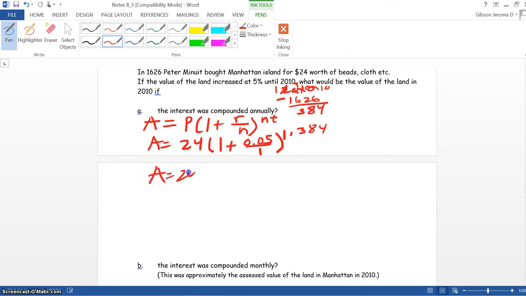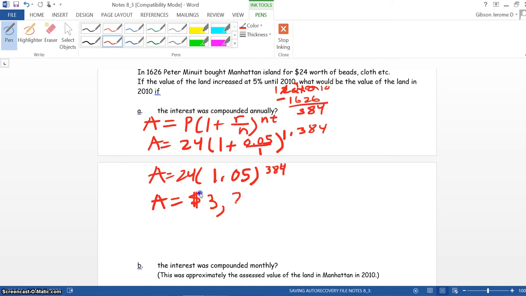So our A is equal to 24 times 0.05 divided by 1 is 0.05. So this will end up being 1.05 to the 384th power. So now we put this in our calculator, and we will have A is equal to 3,287,774,968. That will be the final answer for A.